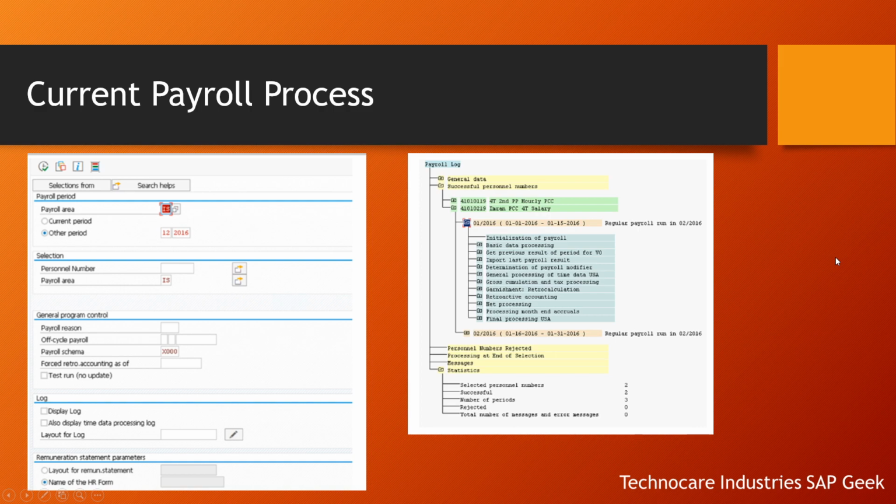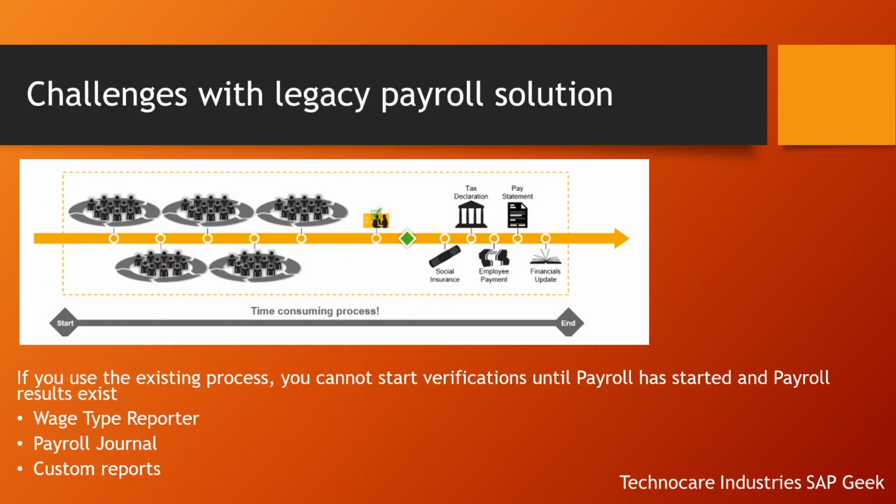Okay, so this is the current payroll process, and the challenges with this legacy payroll solution are these. If I see this timeline, what is this timeline? When I said I am running payroll for the January month, this is, let's say, the start of payroll, like on the 28th of Jan I started running payroll, right? And what I did is I executed payroll. After executing payroll, let's say there are 5 different administrators who are supposed to take care of master data maintenance for different groups of employees.